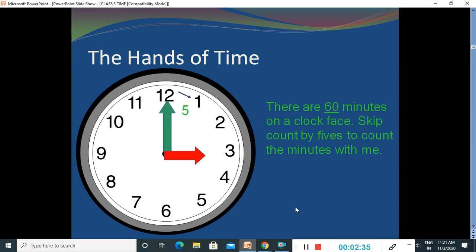Let's see it. 5 minutes at 1, 10 minutes at 2, 15 at 3, 20, 25, 30, 35, 40, 45, 50, 55, 60. Means when the minute hand takes a round on the face of the clock, it completes 60 minutes, and 60 minutes equals 1 hour.